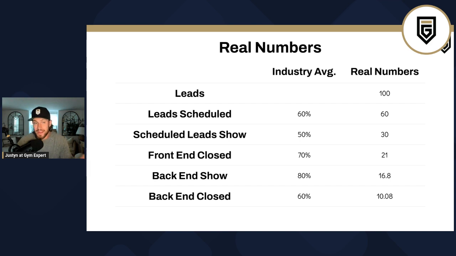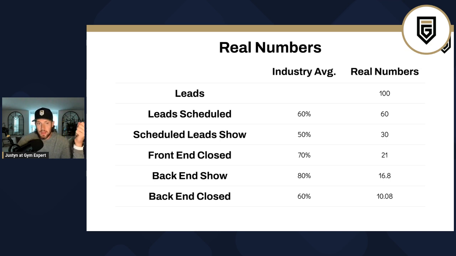So with an 80% show rate on average, we're going from 21 prospects in the trial to about 16.8. So we can round that to 17 of them actually showing up.